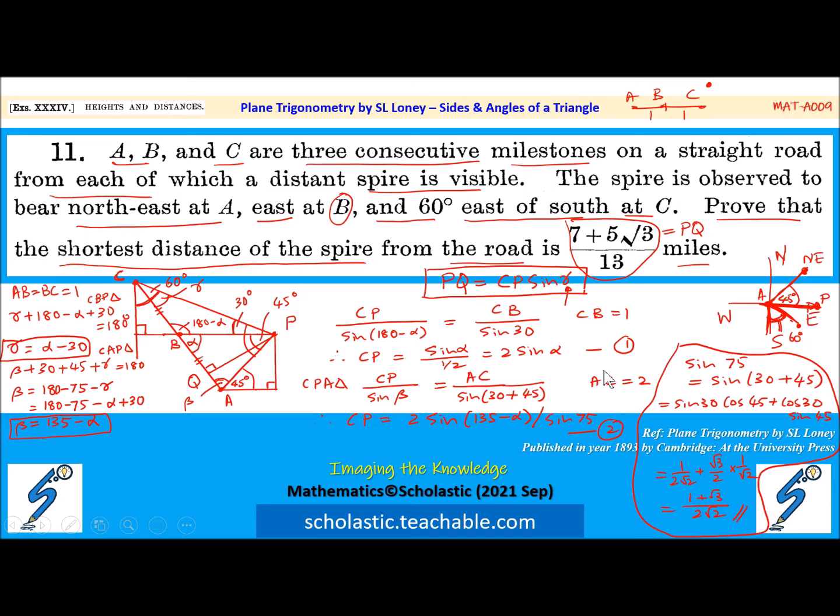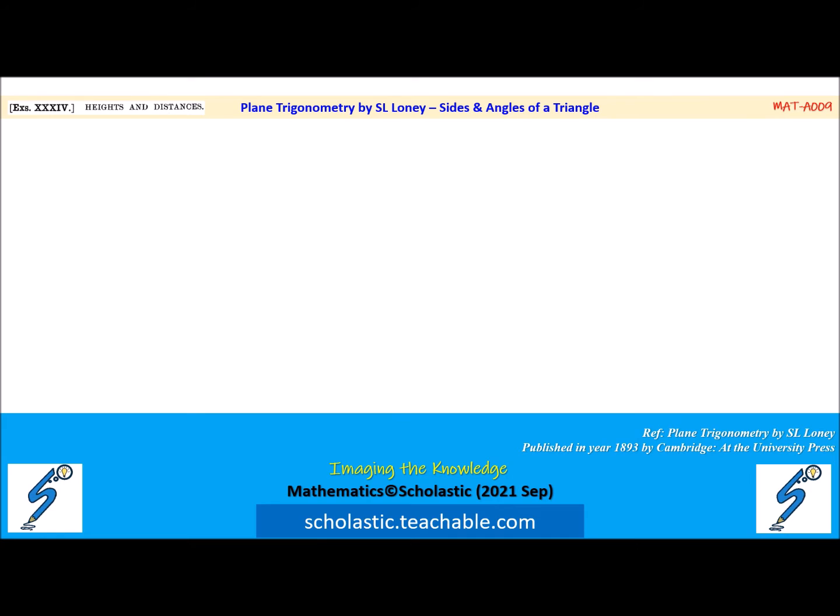Okay, let's write these three equations on the next page. First one is CP equal to 2 sine alpha.